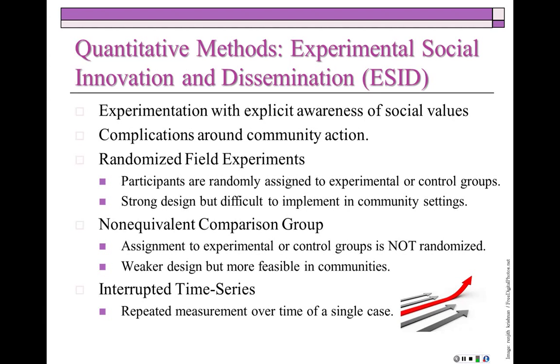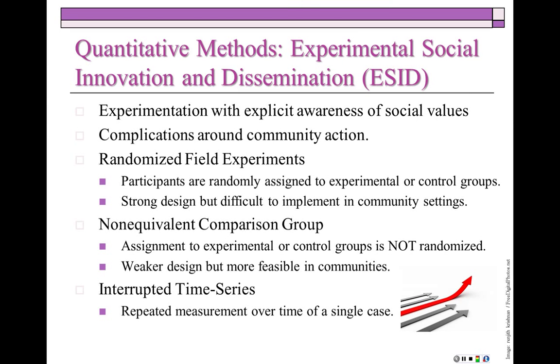The difficulty here is that communities often don't want to do this, right? I'm sure you can imagine if you're working with a homeless shelter, for example, and you tell the homeless shelter, okay, we'll give $50 a week to a random number of people and sort of see what happens under the assumption that they'll do something good with it, and the other half of people, we don't do that to.